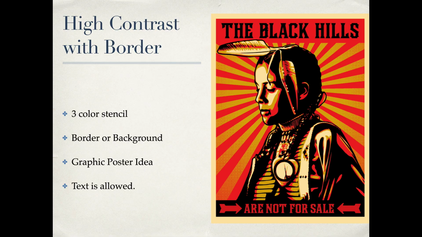All right, high contrast. With this one, you're going to have a 4-color print. You have the color of the paper, and then whatever 3 colors are on top. So if you look right here, you'll see there's that cream color, that's like the paper. And then you have gold, red, and black.